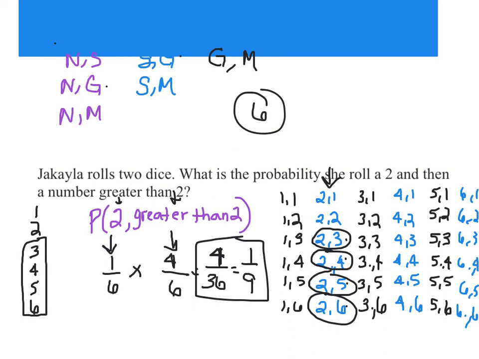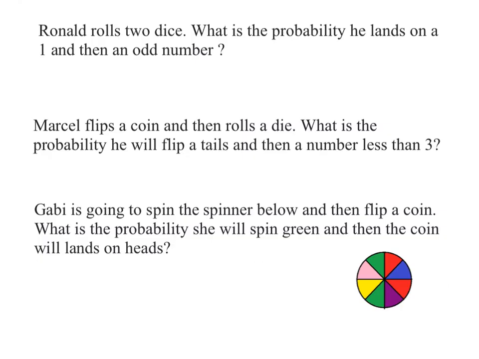And you're probably thinking, oh my gosh, this is so much easier with this shortcut now. This is our last practice for today. So solve these 3 problems and try using the shortcut way in order to solve. If you still want to list out all of your sample space outcomes, then that is completely fine.